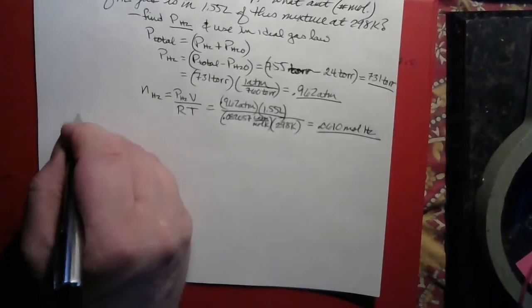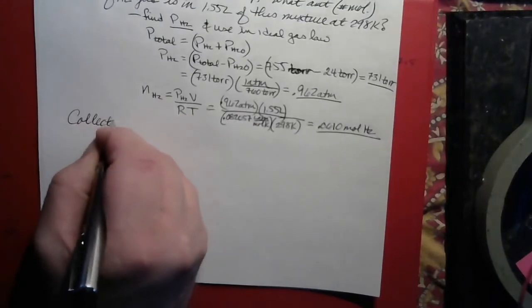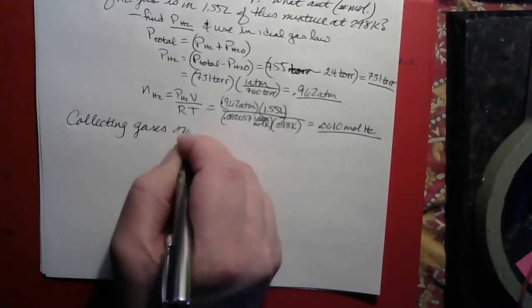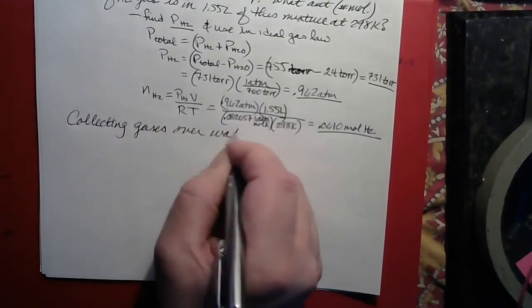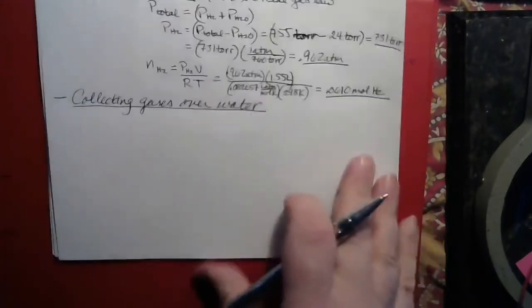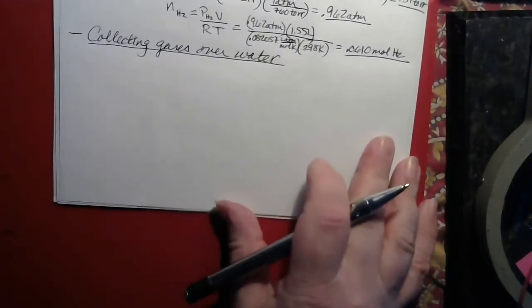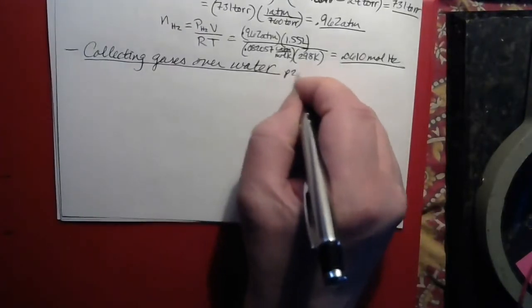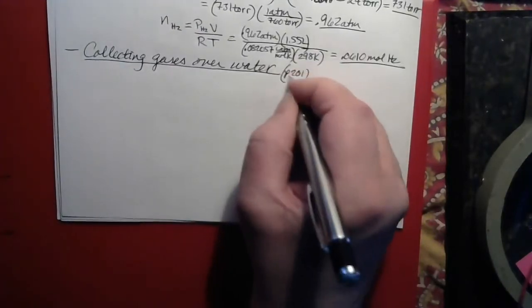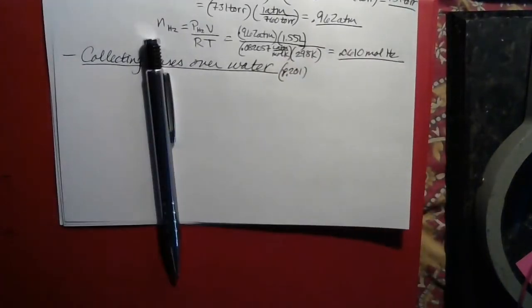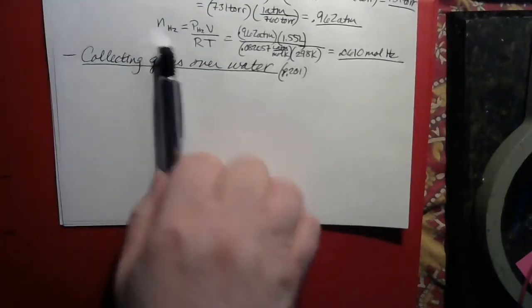What we're doing here is very similar to the idea of collecting gases over water. There's a diagram on page 201 that you can check out for how this is done. Since we're not actually going to do it, I'm not going to spend a lot of time on how exactly it's accomplished.